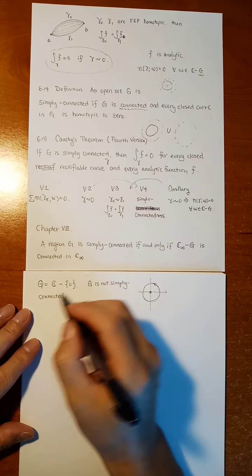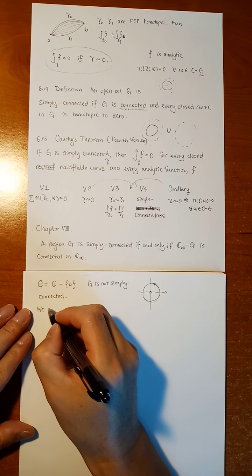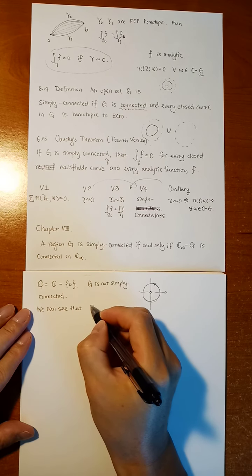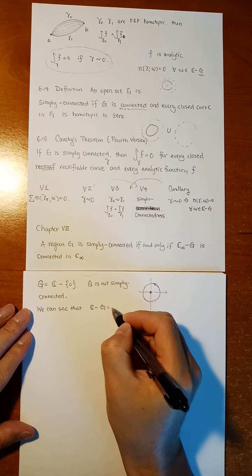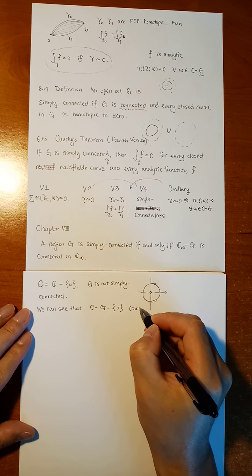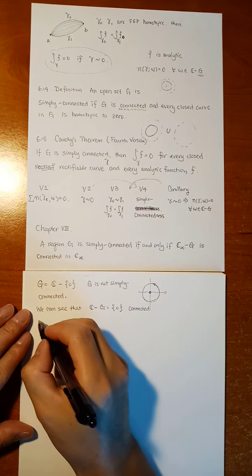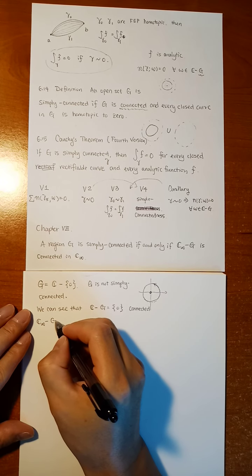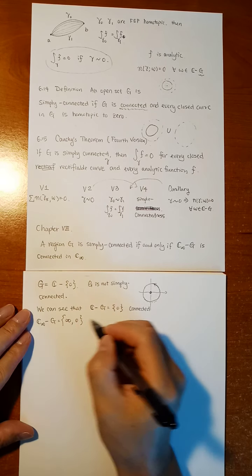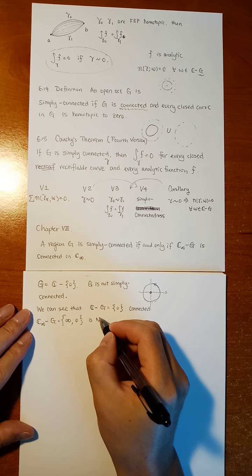But we can see that C without G is a singleton. It is connected. While C infinity without G is a union of infinity and 0. This is not connected.